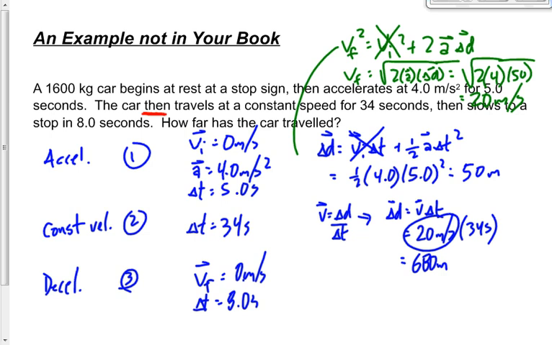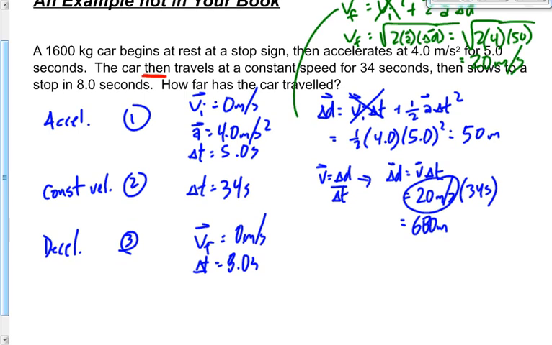So we can use one of those equations from group B. Let's try D is equal to VI plus VF over 2 times T. Is that okay? VF is 0, T is 8.